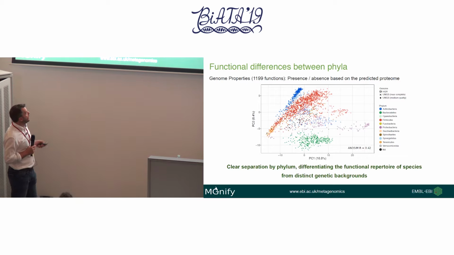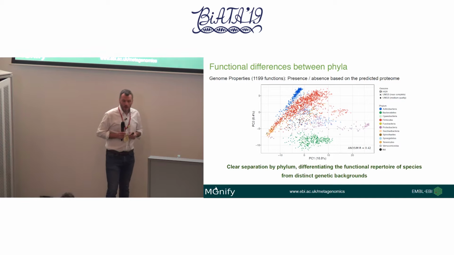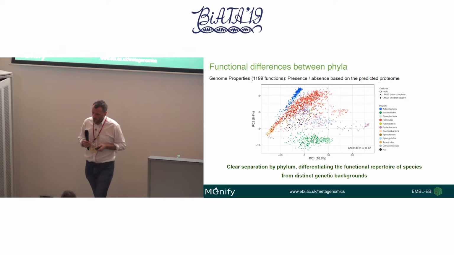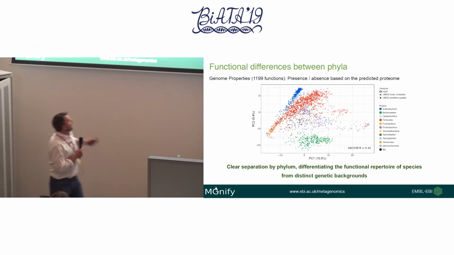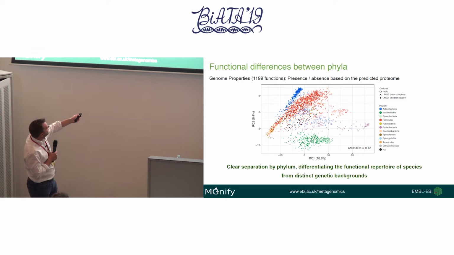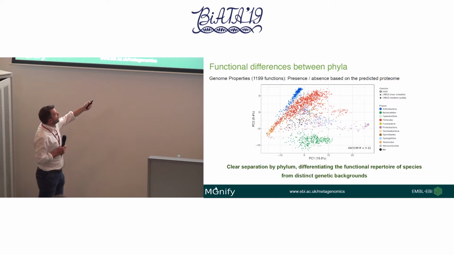So what we've got here is a PCA of the presence or absence of those pathways that we've found. In this PCA plot, we colour code according to phylum, but there are different shapes in there. I don't know if you can resolve that at the back. A square indicates an isolate genome, an X a near complete genome, and a filled circle these medium quality.